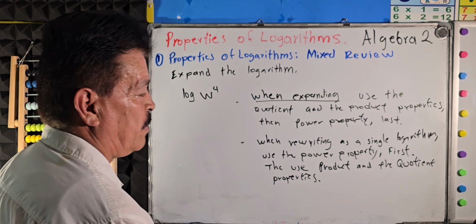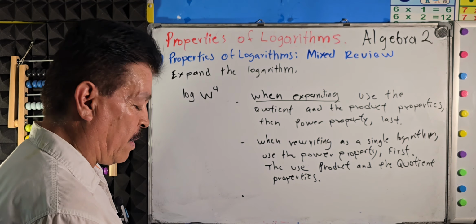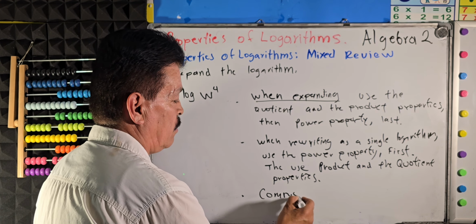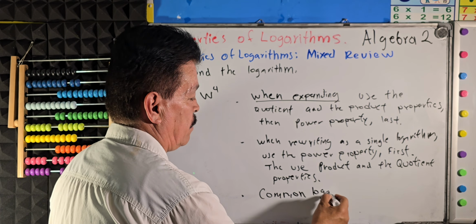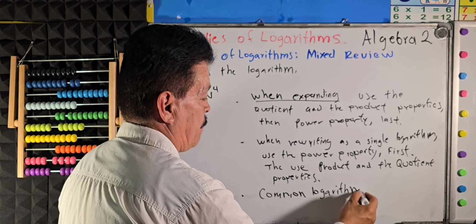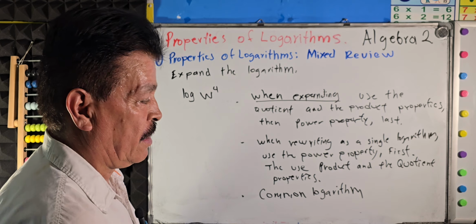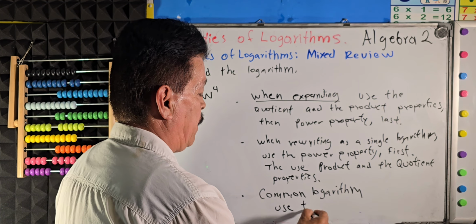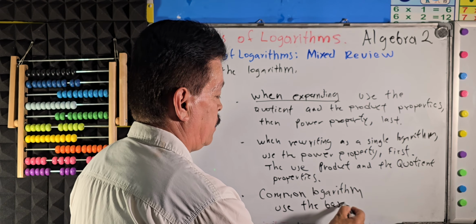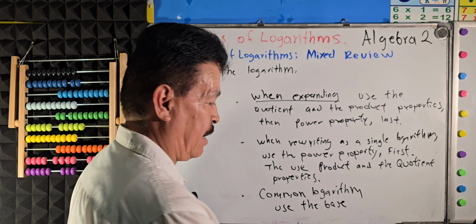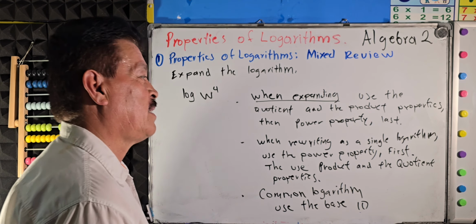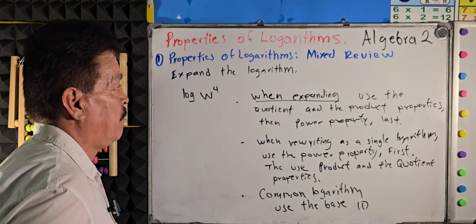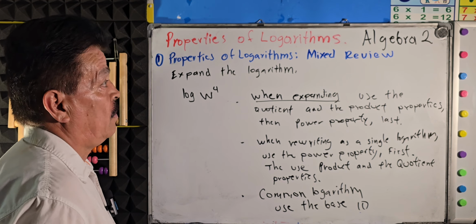Okay, these are some clues that we have to remember. The last one, the common logarithm. Remember the common logarithms? The common logarithm uses the base 10, right? So these are some clues before I explain my class, properties of logarithms.